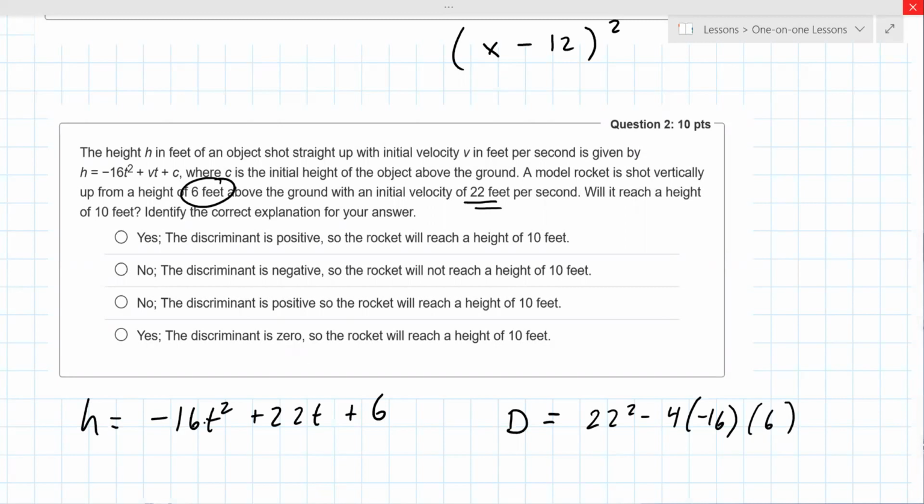The answer is A. Yes, the answer is A. Good.